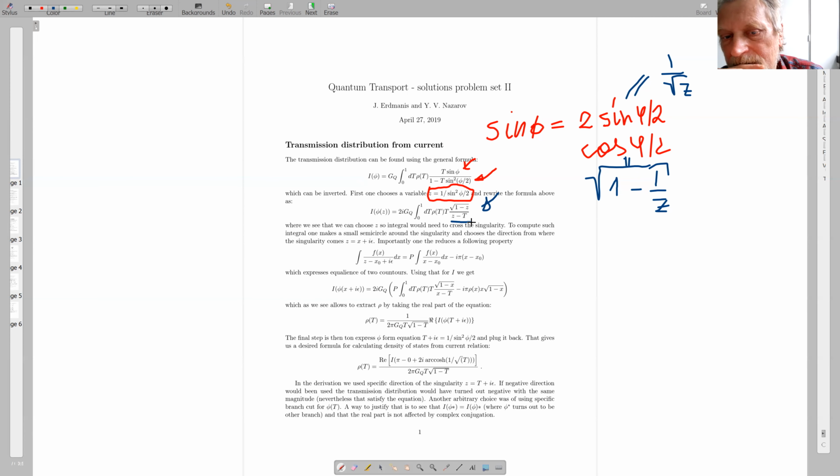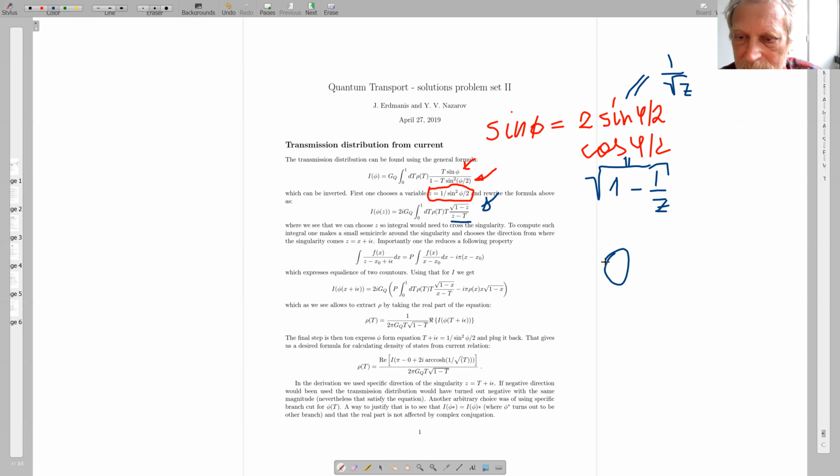So the problems arise if z is close to a real value in the interval from 0 to 1.